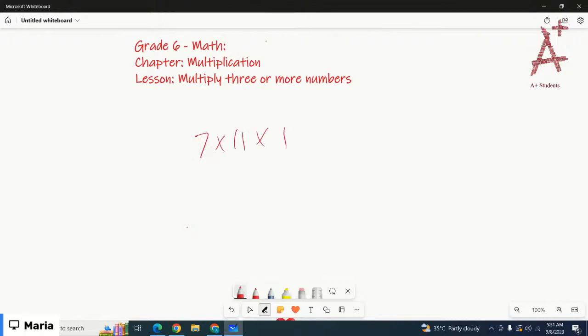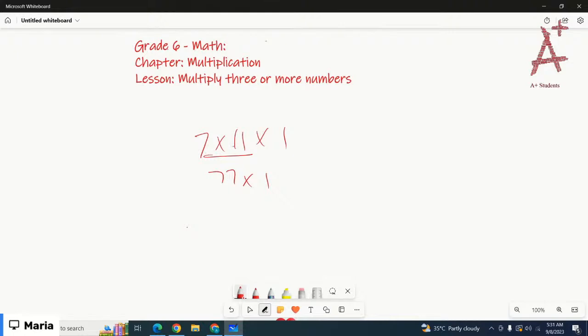You can make a group of 2 numbers and multiply them. Let's start with 7 times 11, right? 11 times 7 is 77.